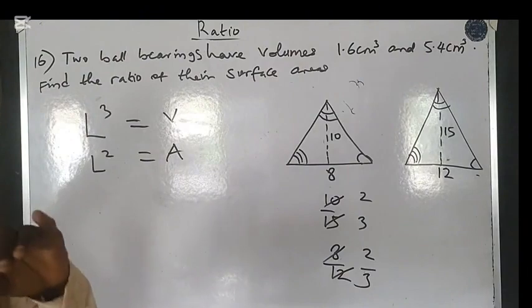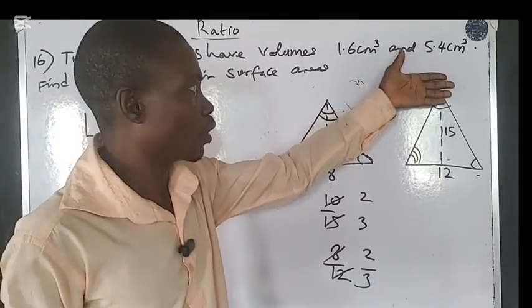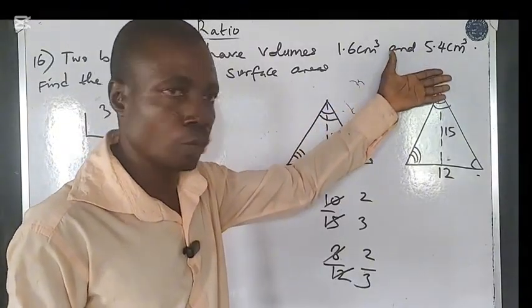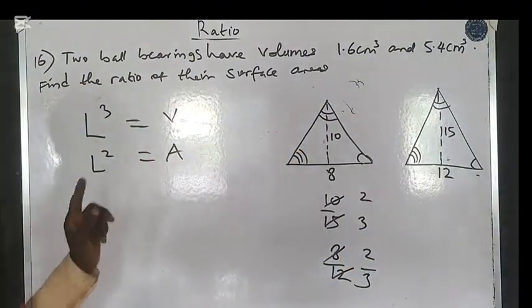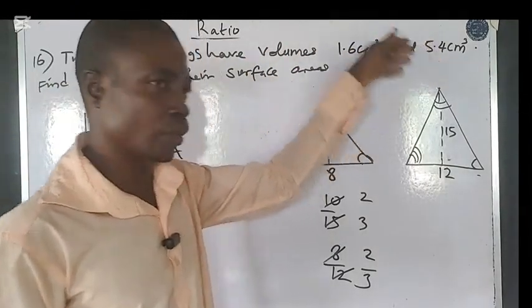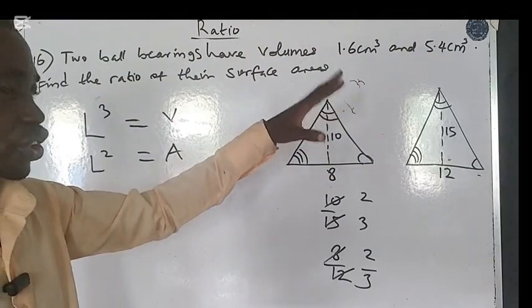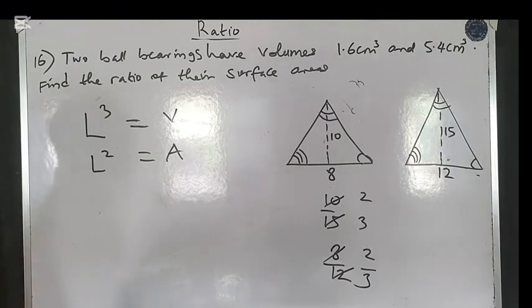If you know the volume of the two, you also know the linear ratio. If you know the linear ratio, you know the volume. If you know the two areas of the triangle or the shape, you know the linear ratio. So any one you know will give you the other.